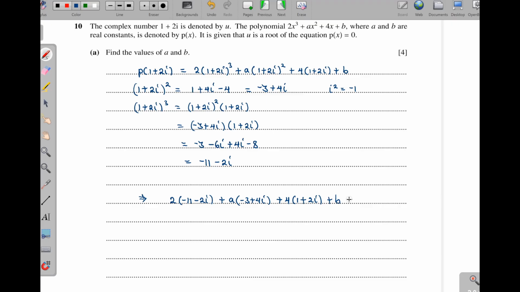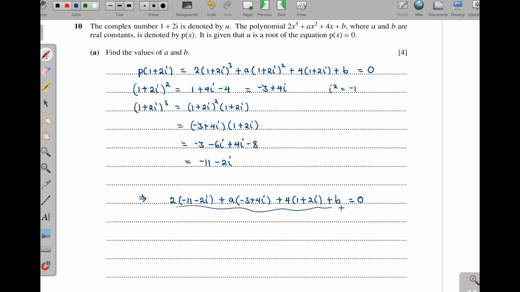This should be equal to 0. Because this is a root, substituting it reduces the polynomial to 0. A root of a function is a zero of that function, meaning when you substitute that root in the function, you get 0. So we equate this to 0.